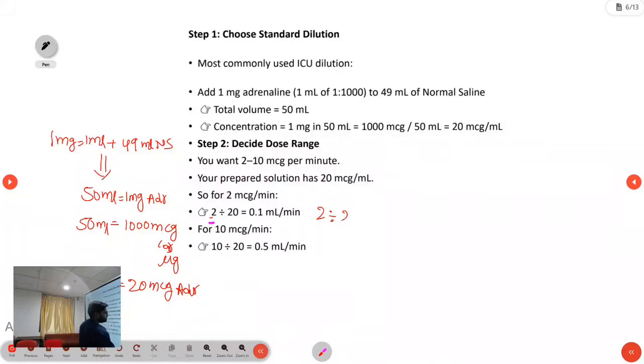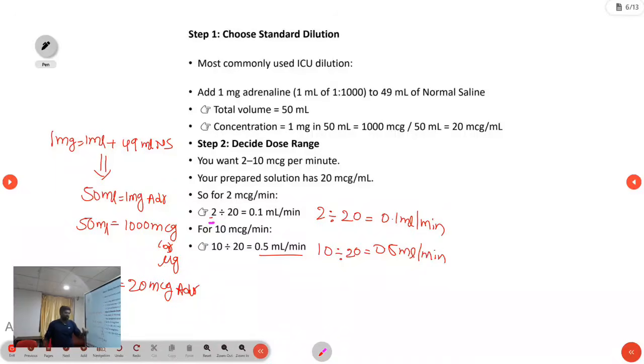So we divide by 20, and we will have 0.1 ml in 1 minute. Or if we want to start the infusion with 10 mcg per minute, we simply divide 10 by 20, so it will be 0.1 ml per minute.